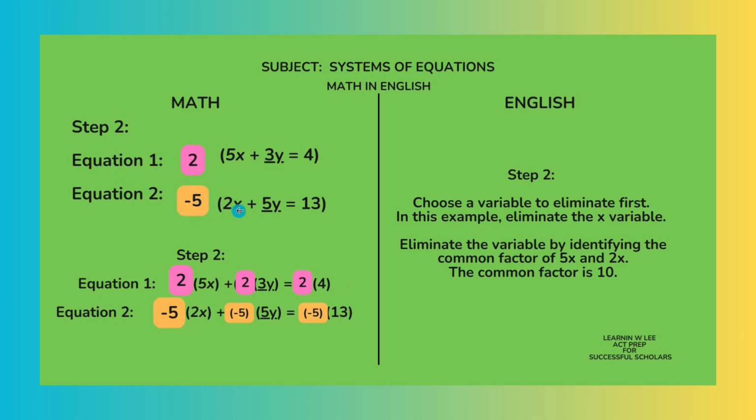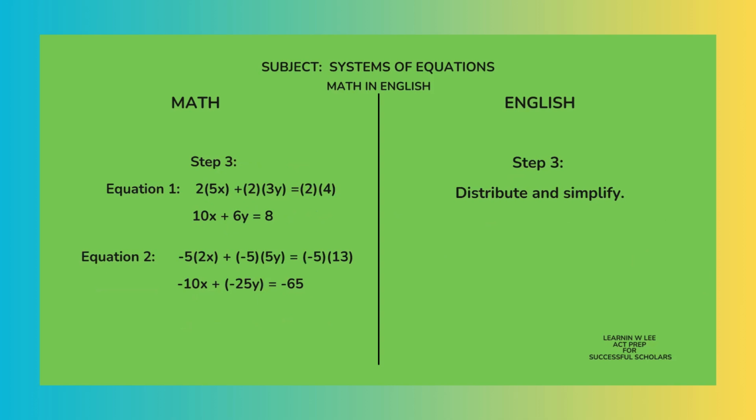We're multiplying the negative 5 by 2x, the negative 5 by positive 5y, and negative 5 by the 13. So every single term in our equation, again, these were our given equations, is multiplied by that common factor or the opposite term of the variable you're going to eliminate.